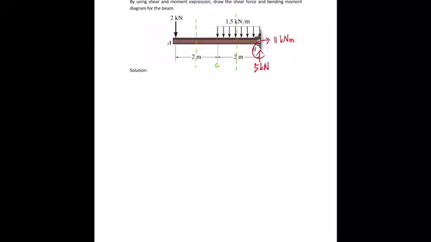after you get the equation, you can put it in the table, or if you think you don't want the table, then it's up to you. Okay, and then we draw the shear force and bending moment diagram.